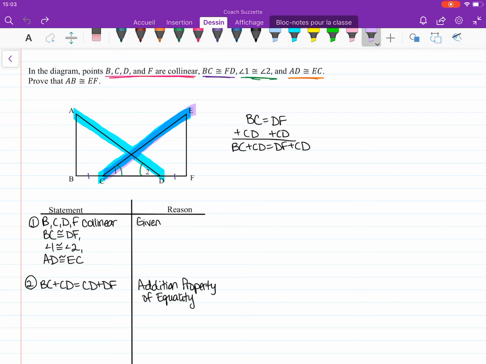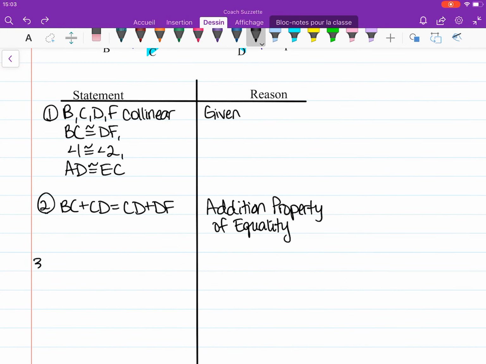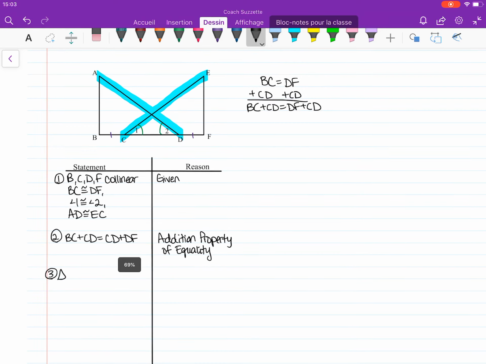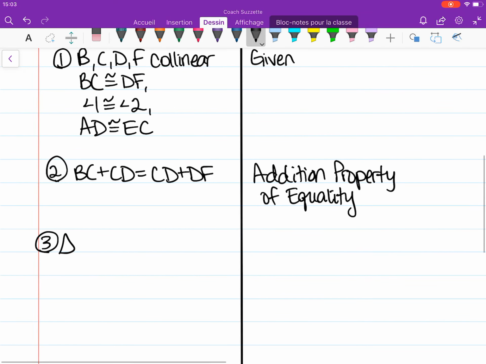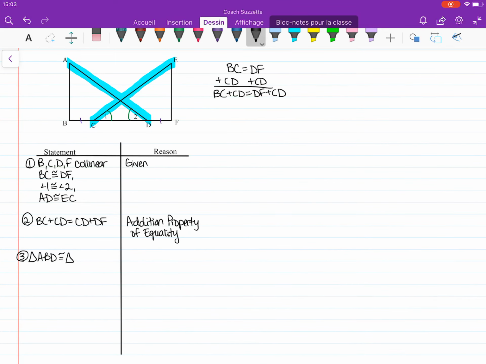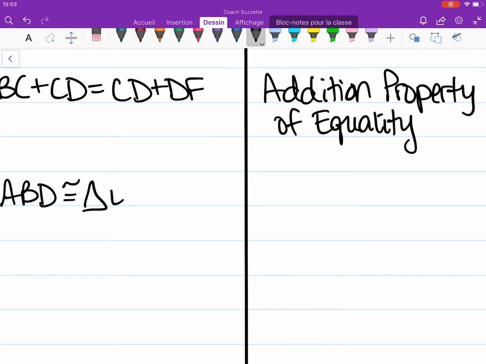Okay. So by side angle side, we have triangle ABD is congruent to triangle EFC.